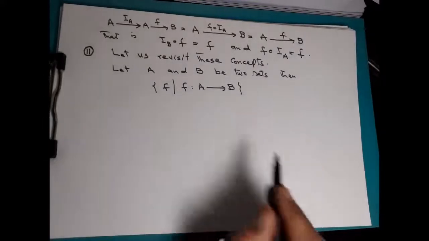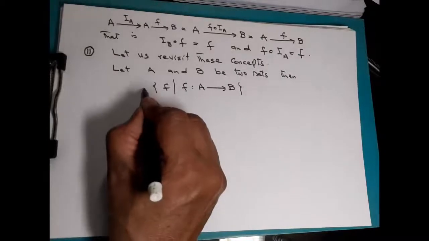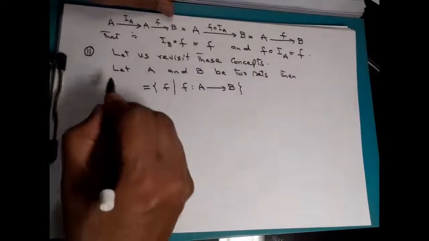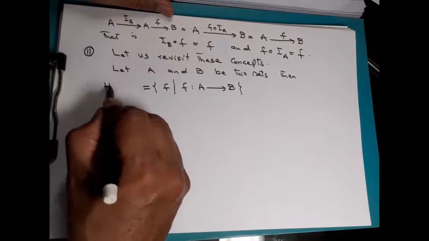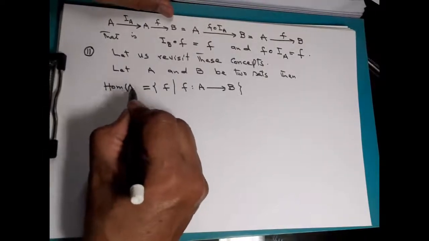So this is the set we are interested in. Different books use different terminology in order to represent this particular set. In our course, we will use this notation, home AB.